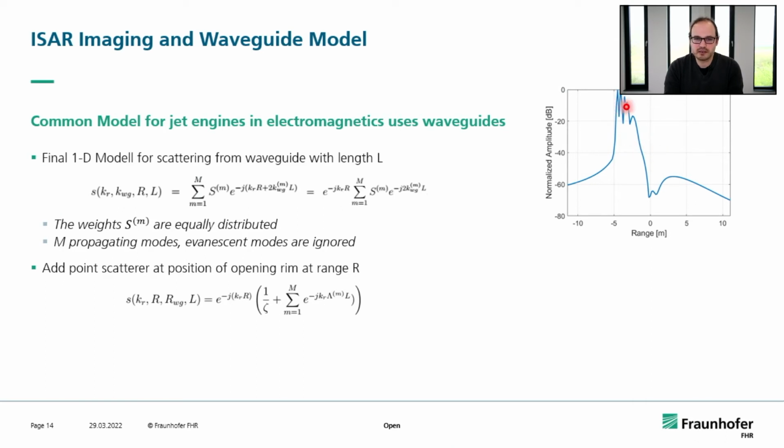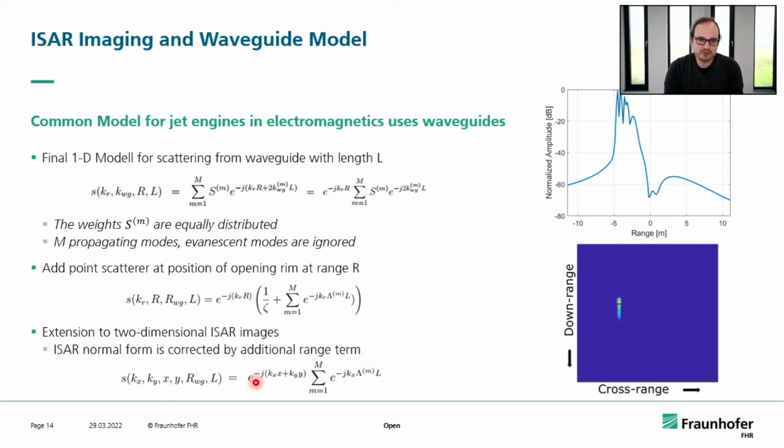So our sinc is now changed to this one, and if we correct this also in 2D, we put in the same term, but now only in the range direction. At the sinc function in the cross-range domain, we get this. So this is our 2D basis, or atom, of our dictionary. This is the model that we use in the sparse decomposition framework in our matrix phi.